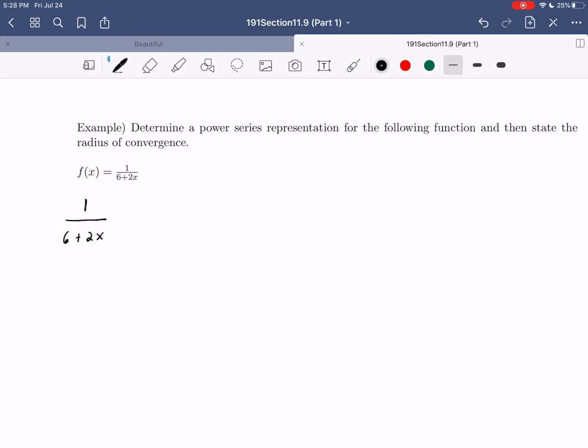So let's go ahead and factor out a 1/6. So we can imagine this as 1 over 6 times 1 over 1 plus, and then when we factor this 6 out of 2x, we're actually going to get something like x over 3. Now that looks a little funny because it's built a complex fraction. There's a fraction in the denominator, but at least it gives us our 1 there.